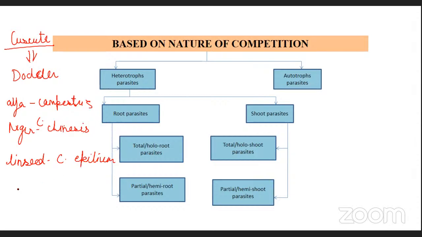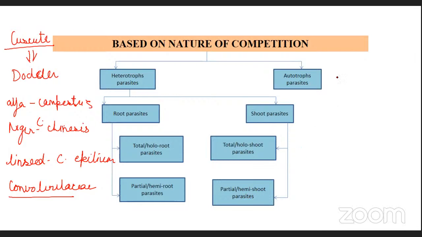Okay, and this Cuscuta belongs to the family Convolvulaceae, and in the Convolvulaceae family, Cuscuta is the only genus which is parasitic in nature, and usually they do not produce their own food. Okay, and nothing else is important in this.